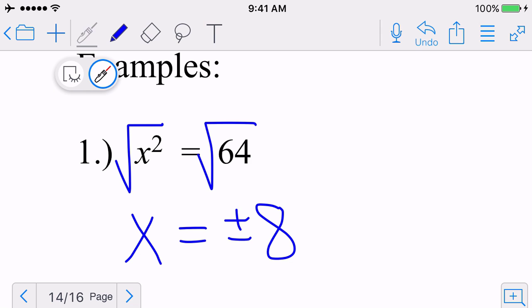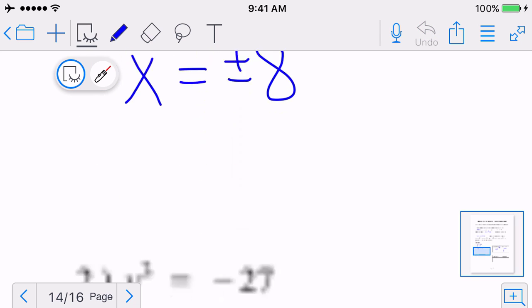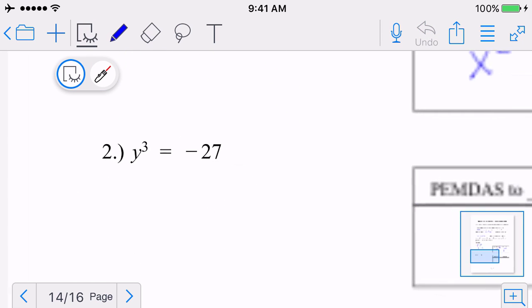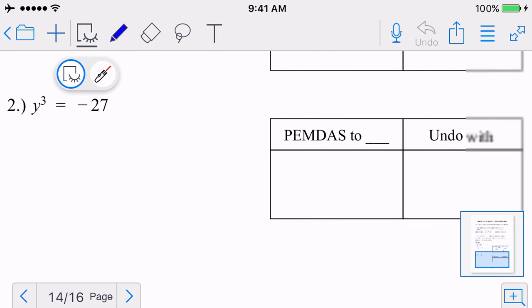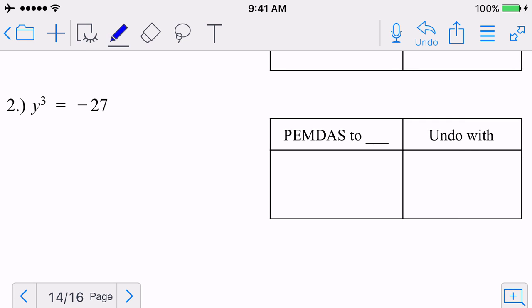All right, number 2. We've got y to the third power equals negative 27. So we are doing our order of operations to the variable y. What's happening to y right now? We're doing y to the third power. How do we undo that? Well, we need to take the cube root.